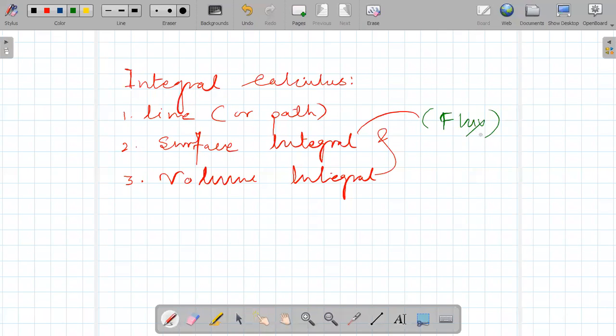And third one is volume integral. Thus there are three here: line integral, surface integral or flux integral, and volume integral.